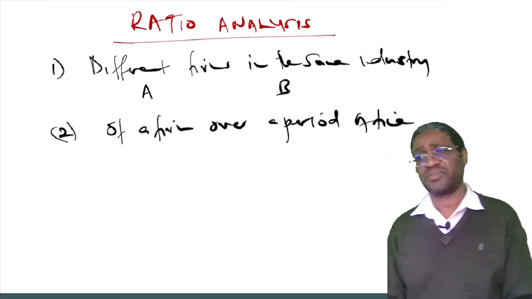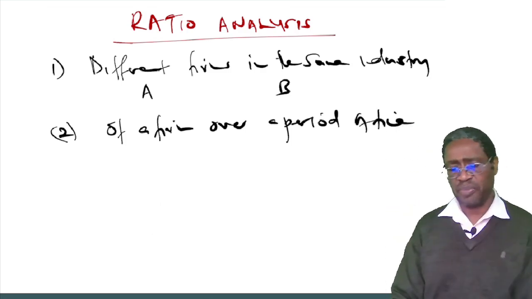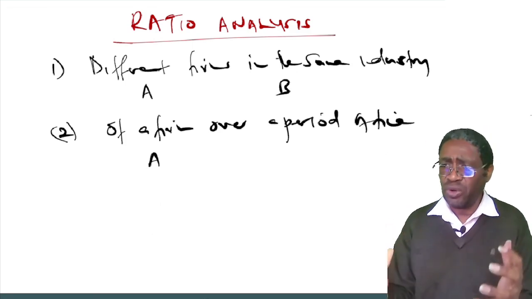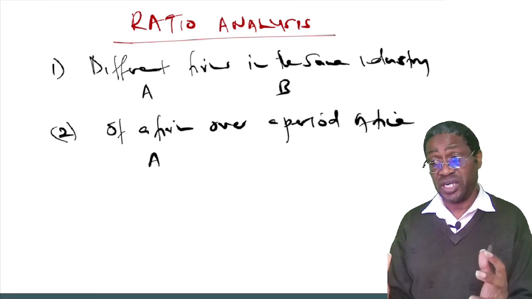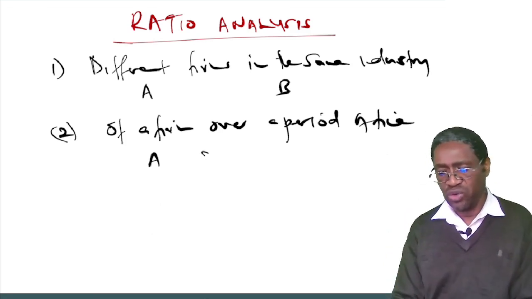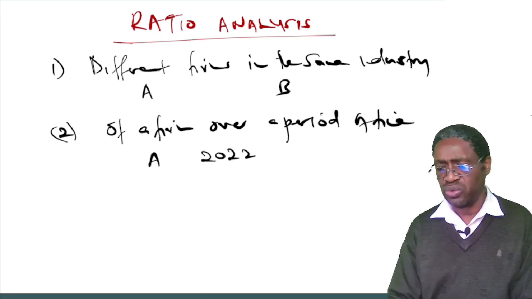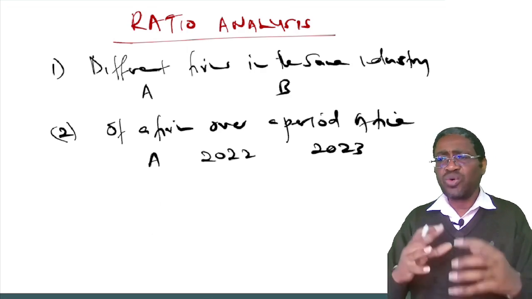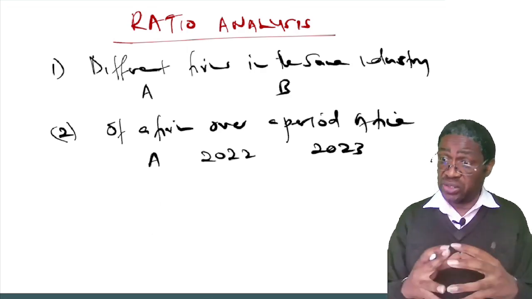What I mean is this. You as company A may want to know in which of the following years did we do better? Did we do better in 2022 or in 2023? So you want to compare the performance of the two years.